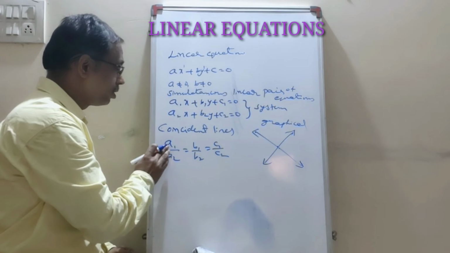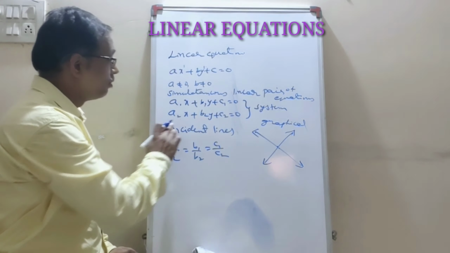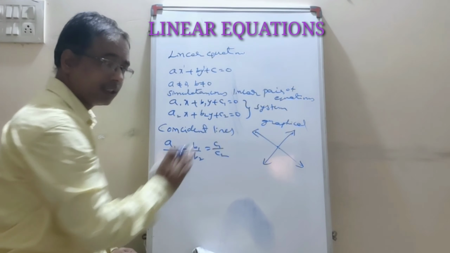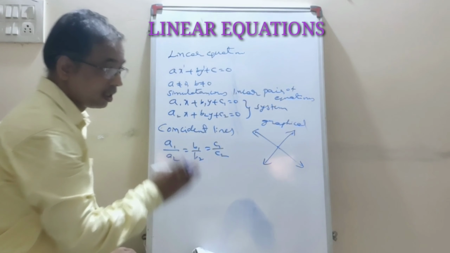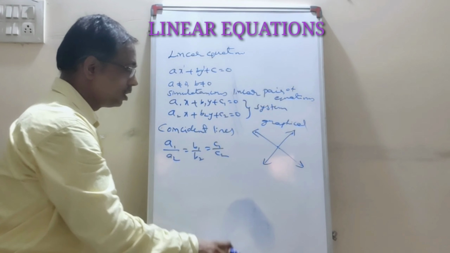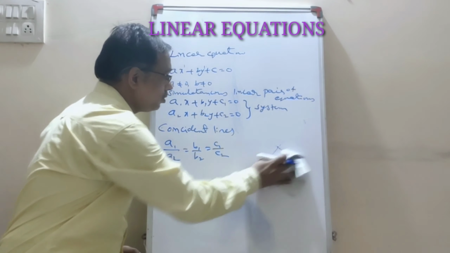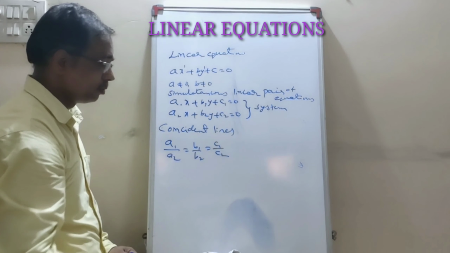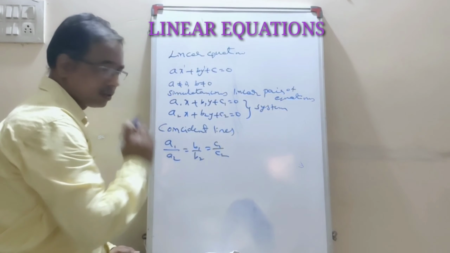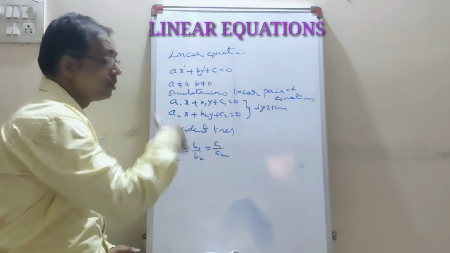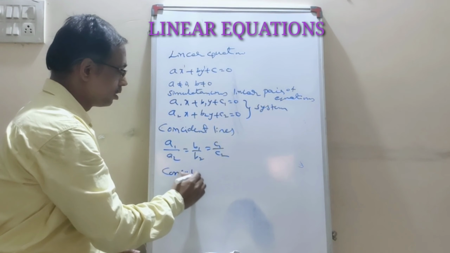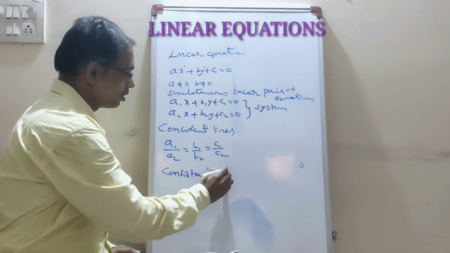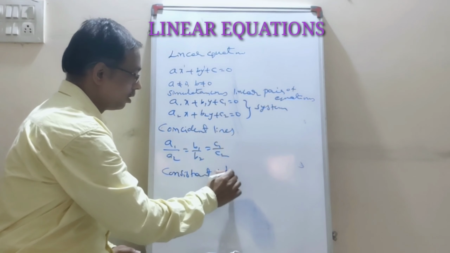If a1 by a2 is not equal to b1 by b2, the two lines are intersecting, and the system has a unique solution and is consistent. Whereas in coincident lines, a1 by a2 equal to b1 by b2 equal to c1 by c2. It is also consistent, but it has so many solutions. The system is a consistent system because it has a solution.